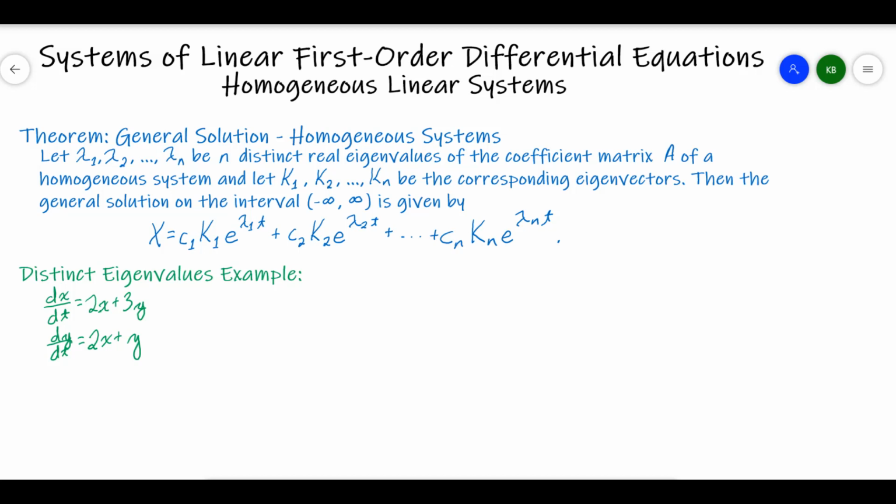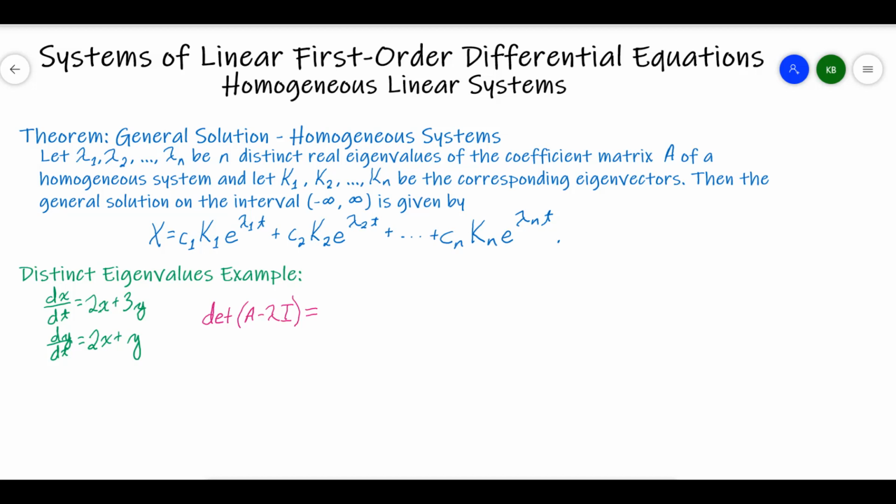So to find eigenvalues, we're going to start off by using something called a characteristic equation. So what we're going to be doing is taking the determinant of our A matrix minus lambda times an I matrix.